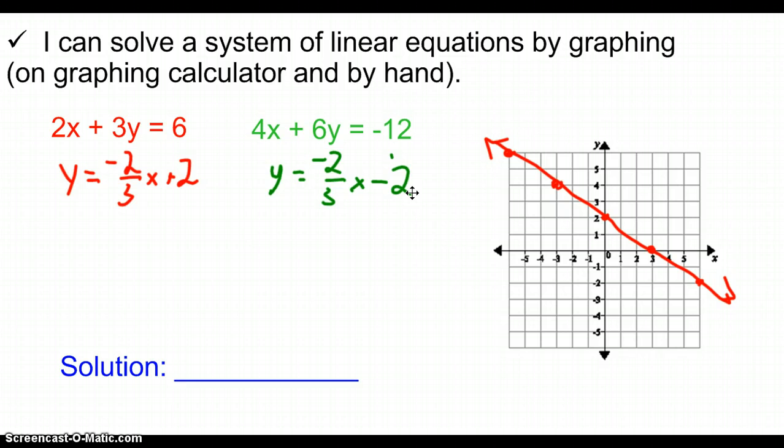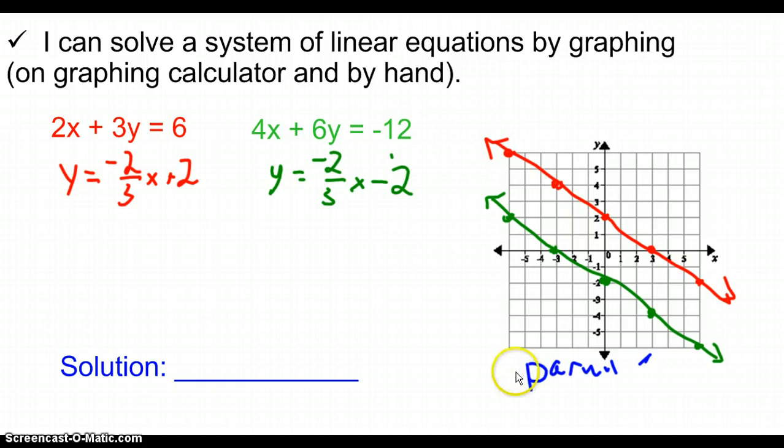And so if we graph this equation, our y-intercept is negative 2. Down 2 to the right 3, down 2 to the right 3, up 2, left 3, up 2, left 3. And if we draw in our line, we can see that our 2 lines are parallel. They are not going to intersect.